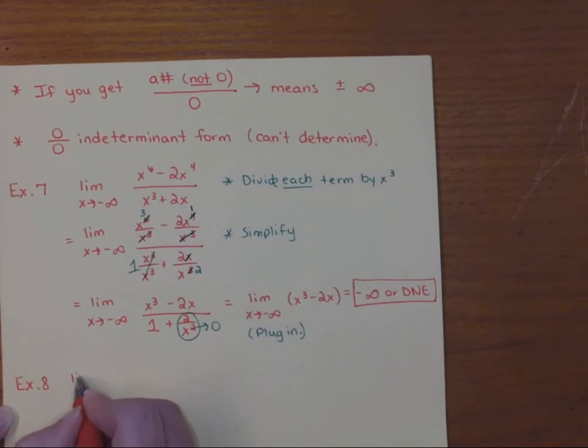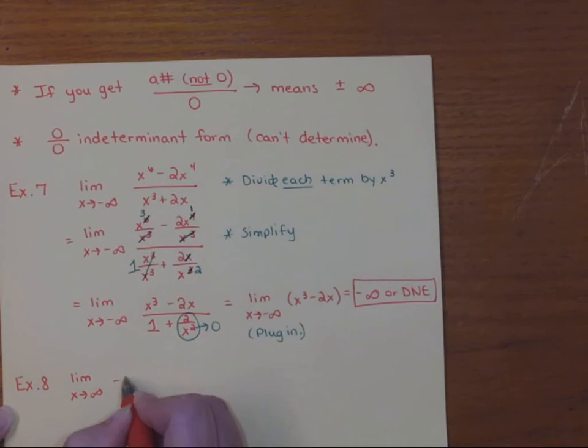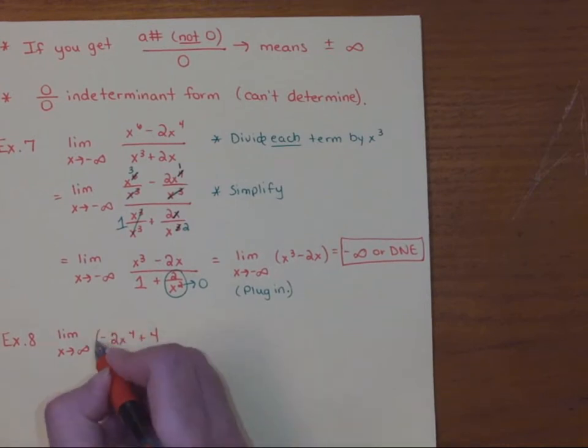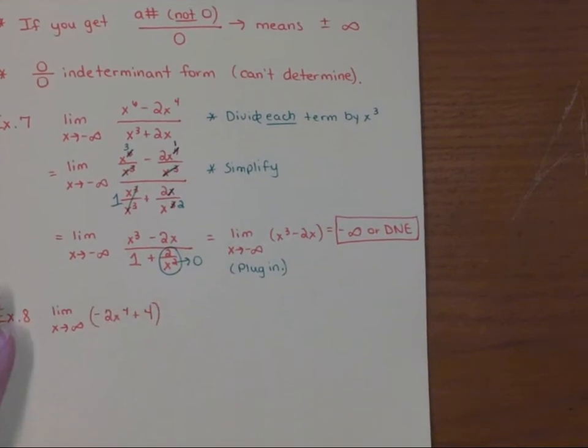So, for problems where maybe we don't have fractions, you really kind of just think to yourself that, hey, I'm doing the plug-in method. Okay. In other words, notice this is just a polynomial. There's no fraction. There's nothing to do the same to the top and the bottom to. We don't have a bottom.